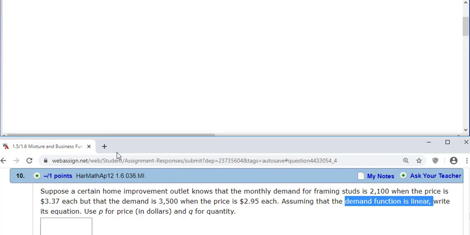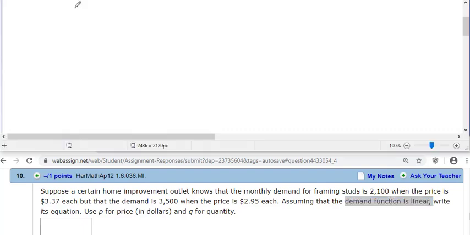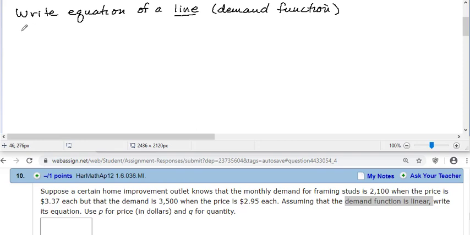Write its equation. Okay, at heart, in a mathematical sense, I am trying to write the equation of a line, and that line is the demand function. To write the equation of a line, I need two pieces of information. I need a slope, and I need 1 point.